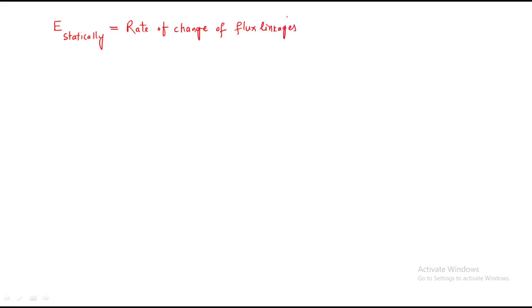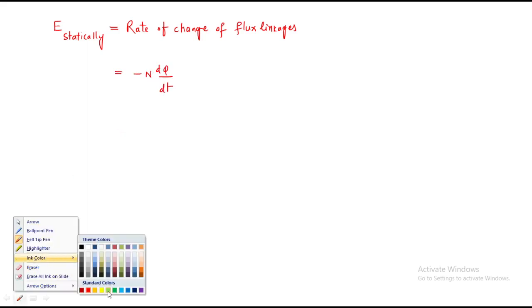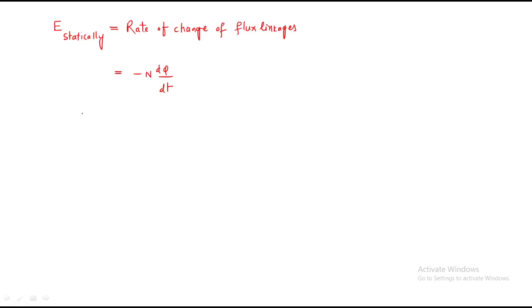Rate of change of flux linkages, which is nothing but what is the formula? Minus N dφ by dt. And we know that what are the types of statically induced EMF? E self and E mutual.